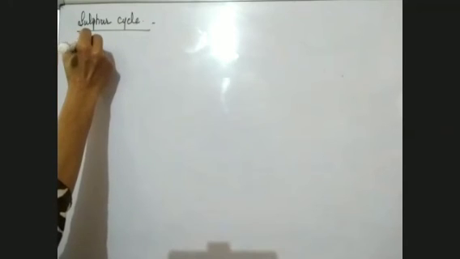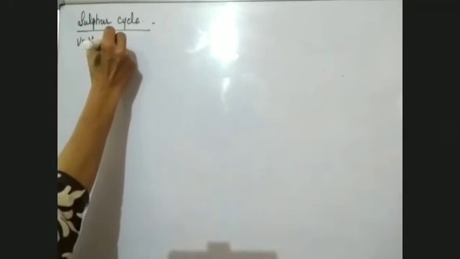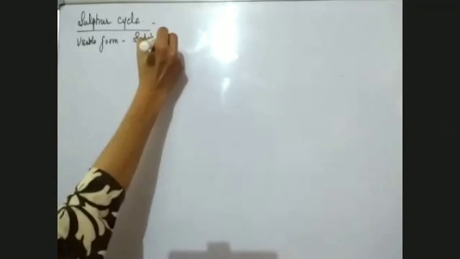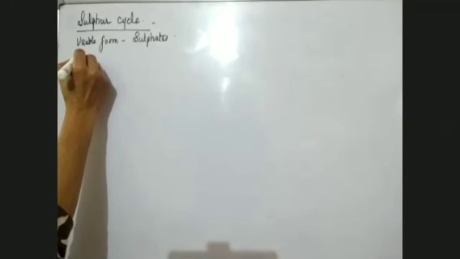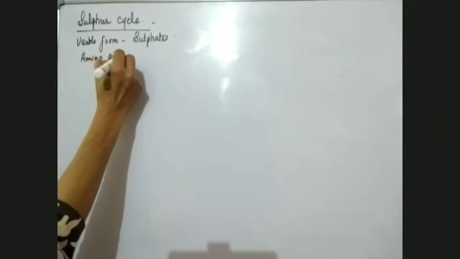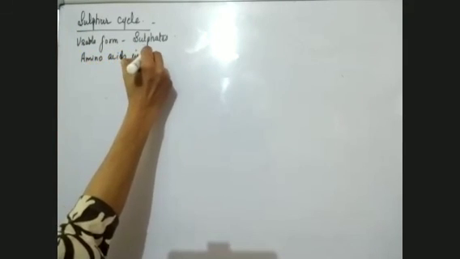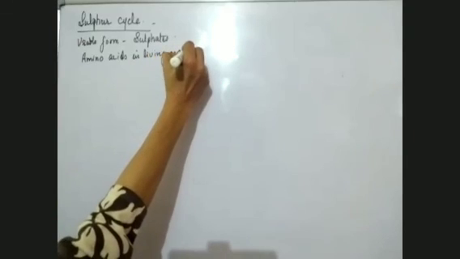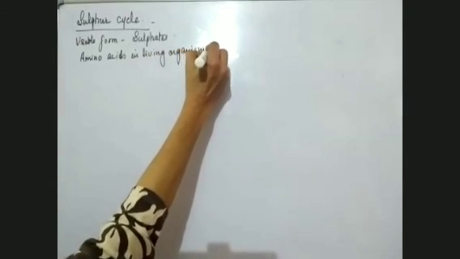The usable form of sulfur is sulfates. This sulfur forms some amino acids in the body. So it is present in the form of amino acids in living organisms, in plants and animals both.